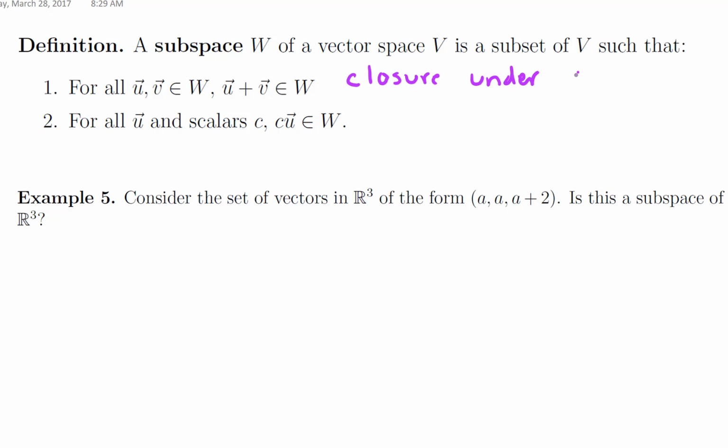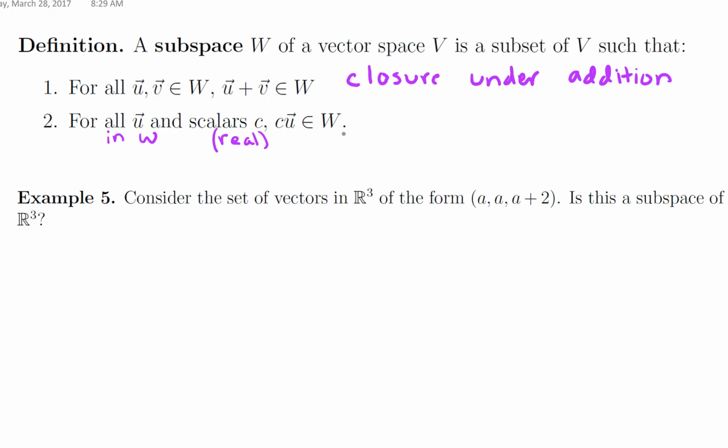And the second property is closure under scalar multiplication. This says for all vectors U in W, and scalars, and again these scalars are real scalars for us, C times U, that scalar multiplication, is in W.